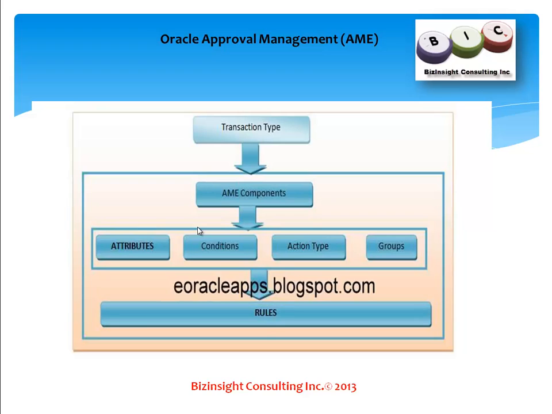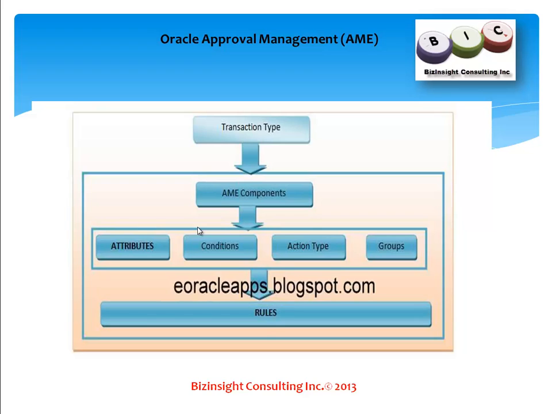So we define our attributes and then we define the condition like order total should be greater than 100,000, and then we define the action type. Action type is like how the approval should be added to the approval list. In my case it was a job level. So the rule was: if the order total attribute is greater than 100,000, then the action type is a job level of at least 3.